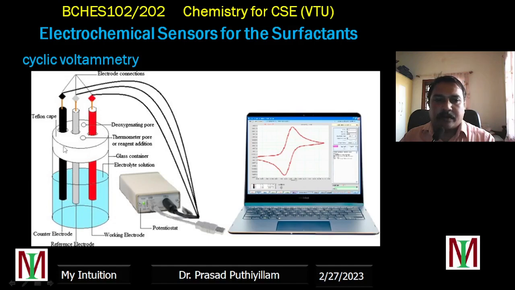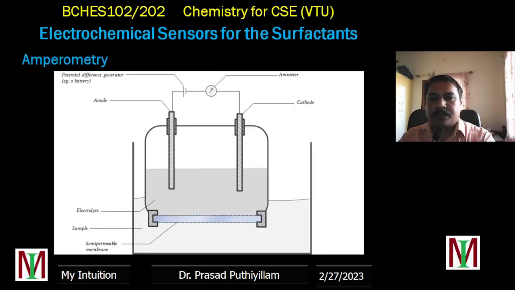The electrodes are connected to a potentiostat, and these are the types of readings we are getting in cyclic voltammetry. Based on whatever graph we obtain, we can analyze which type of surfactant is present, and whether it is present or not, can be measured.